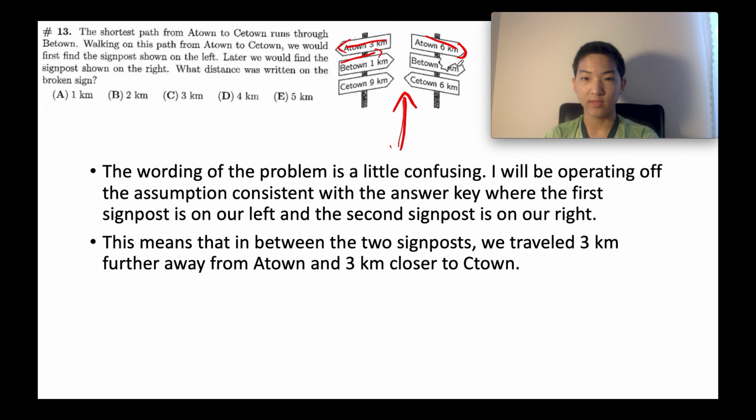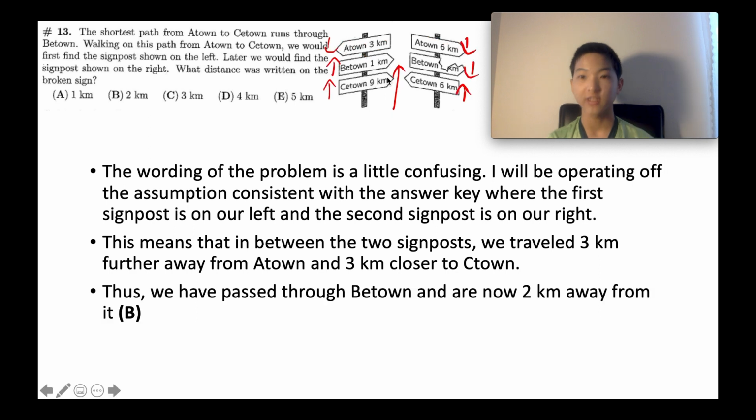Thus, it means that we have already passed through B town because it takes 1 kilometer to get to B town, and then we have traveled an additional 2 kilometers away from B town. So B town is now 2 kilometers behind us. So the number written on the sign is 2. And that answer is B.